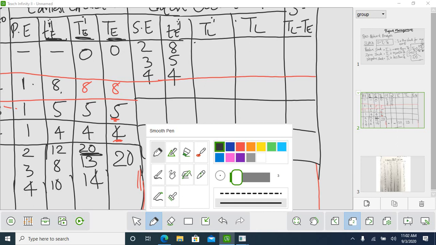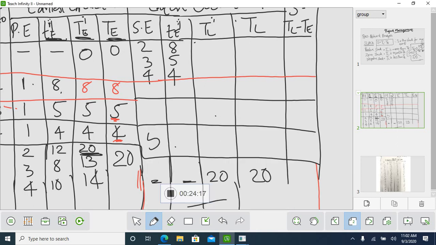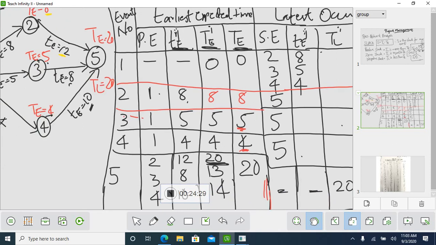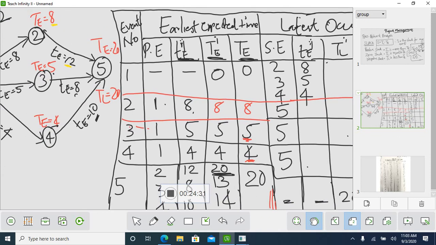So after 4 you have only 5. So for 3 also it will be 5, for everything you have 5. So I will tell you here, you will be taking successor event.